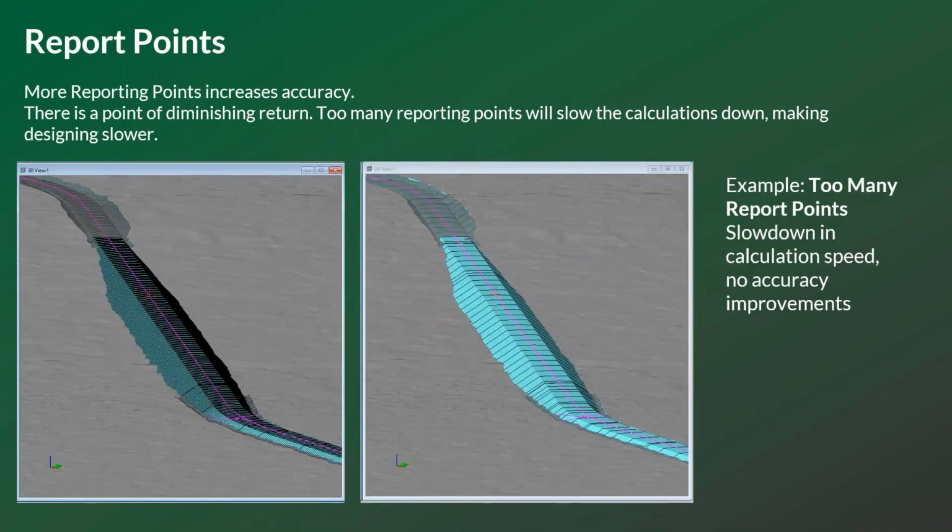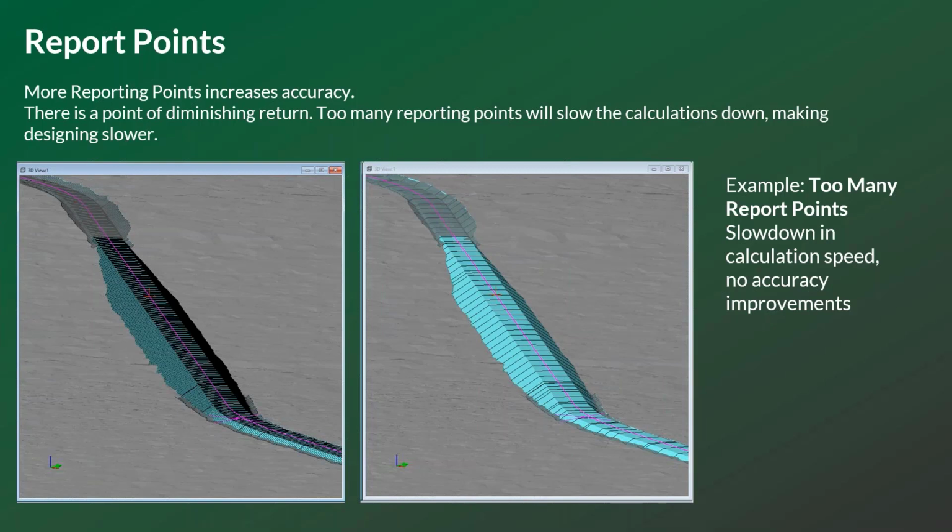On the other side of this equation or scale is what happens when you add too many report points. So on the left, the 3D view is almost black because it has so many report points. And being in a relatively benign topography, these report points are not increasing the accuracy of our volume calculations by very much, and they're really just slowing down the software.